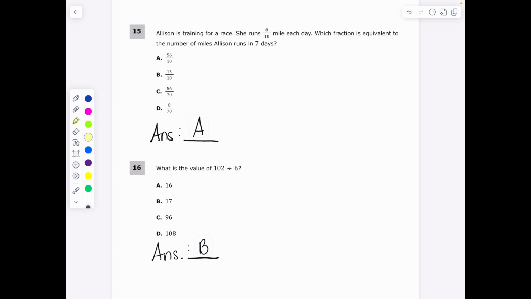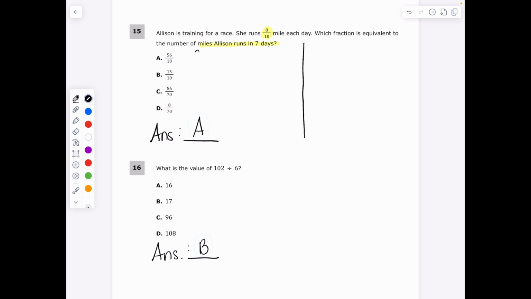Allison is training for a race. She runs 8/10 of a mile every day. Which fraction is equivalent to the number of miles Allison runs in 7 days? So again, I can see 2 different ways. I can see repeated addition and I can see multiplication.